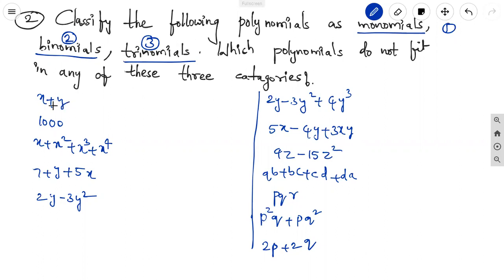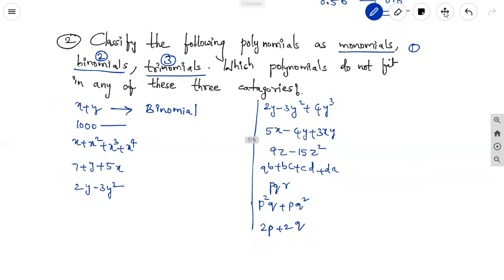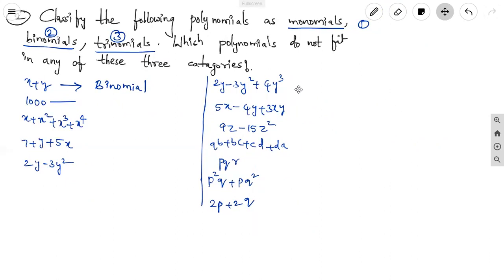Okay. Here, x plus y, it is a binomial. 1000, it has only one term. So now we can take them here separately. What are the monomials?